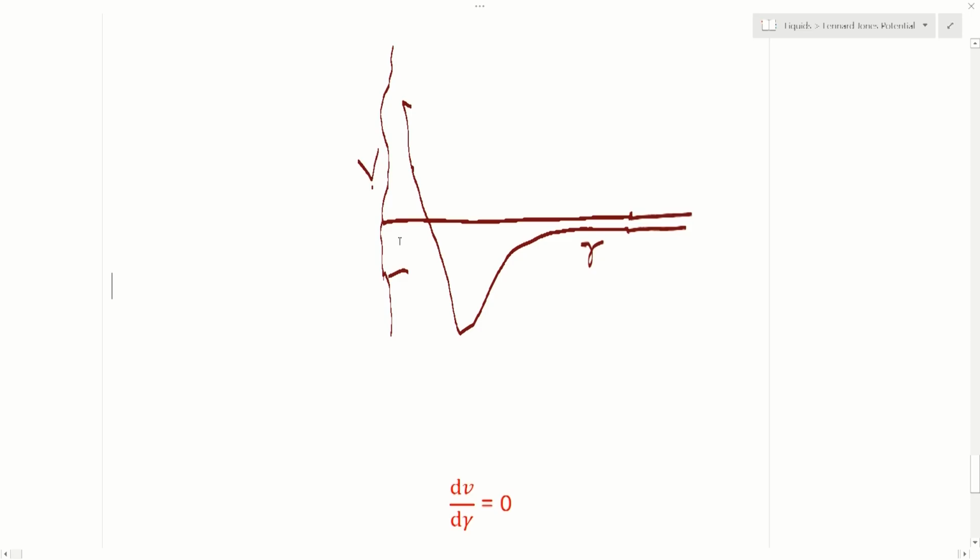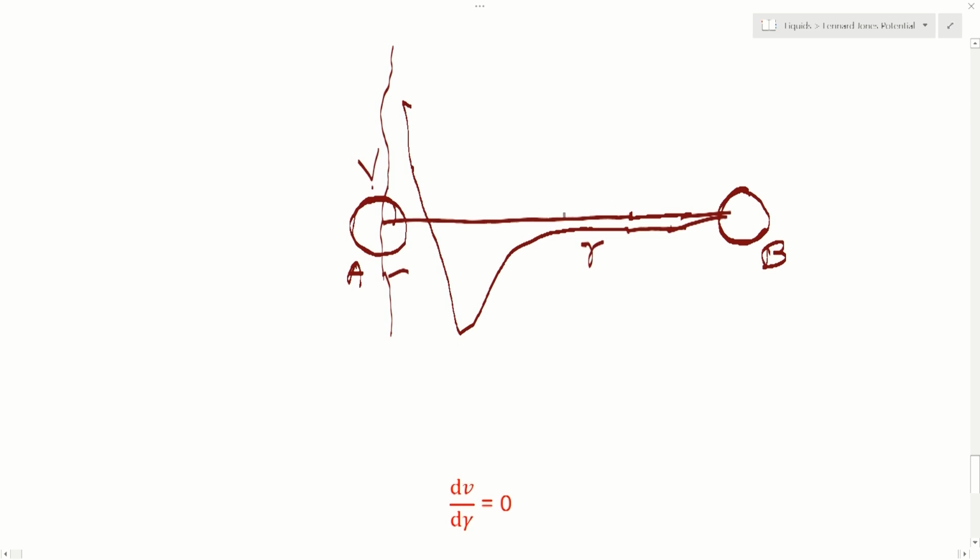Imagine that one molecule is here, molecule A, and here we have another molecule, B. Now A and B don't have any interaction, that means they are at infinite distance.